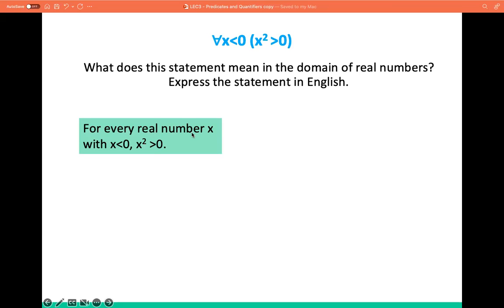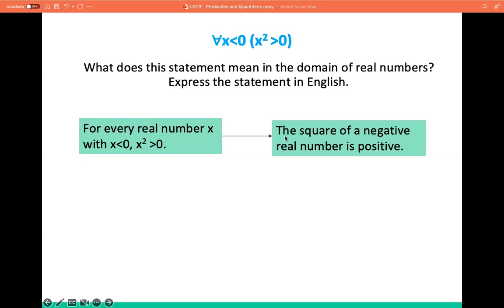For every real number x, wherein x is less than 0, meaning x is negative, then x squared, or if we take the square of that number, it will be greater than 0. What it means is that if we square a negative real number, it will result in a positive number.